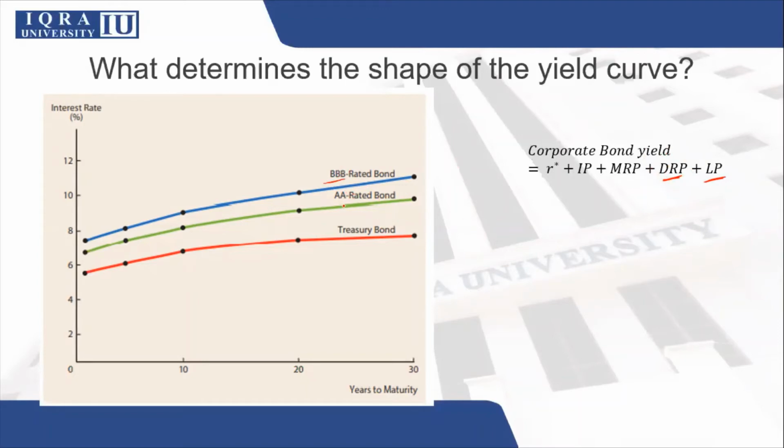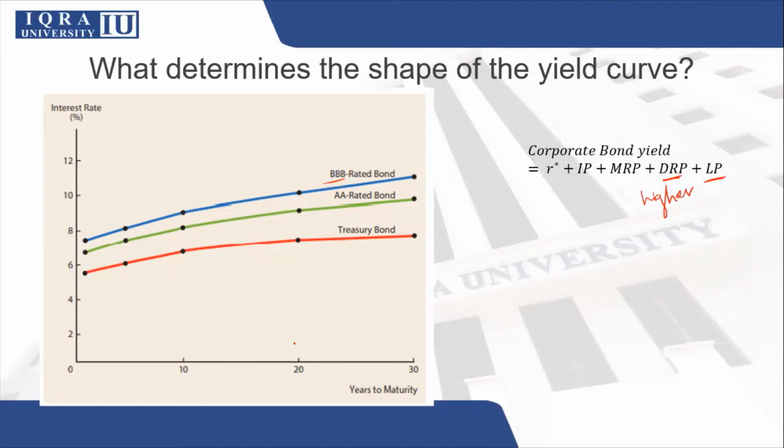So the AA is actually better than the triple B. The AA has a lower chance of defaulting. That's why it has a lower yield than your triple B. But you can see that it is still greater than the treasury bond because your government bonds are considered to be default free.